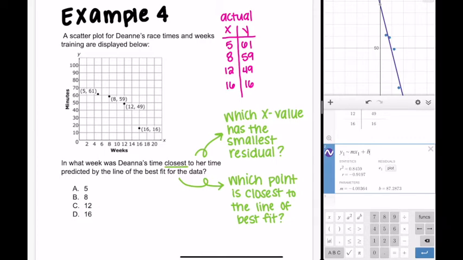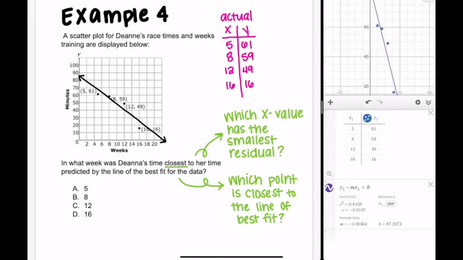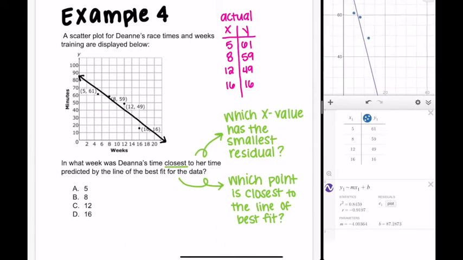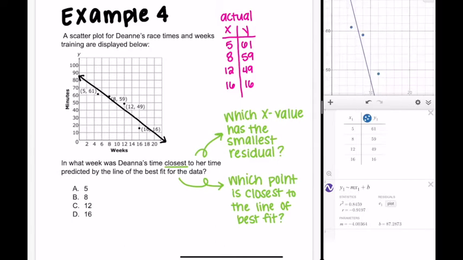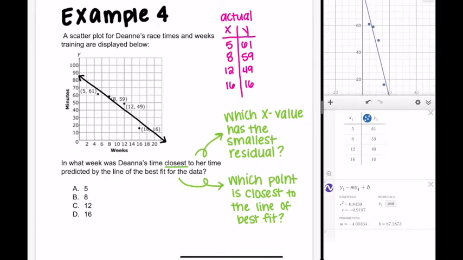If I were to draw the line kind of how I see it in Desmos, I can see that the closest point is this one here, 859. 1616 is pretty close, and 651 is pretty close, but we can definitely tell that 859 is the closest.